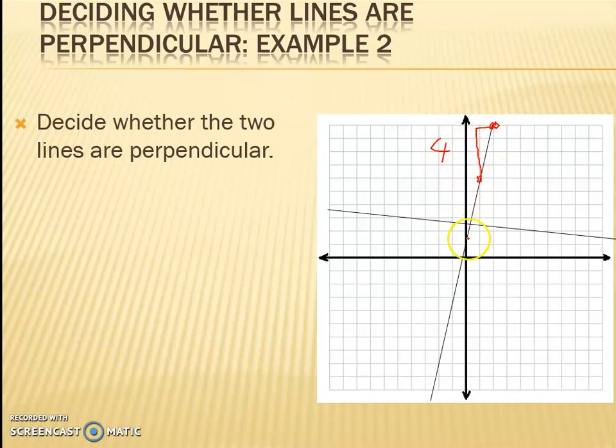And then I'm just going to pick this one for the second line, over all the way. That's kind of way off. 1 over 1, 2, 3, 4, 5, 6, 7, 8, 9. So definitely they're not perpendicular. So this is not perpendicular. No.